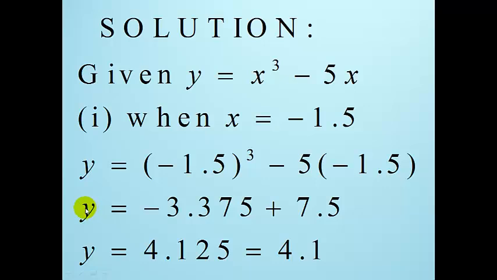Minus 1.5 cubed equals minus 3.375. Minus 5 times minus 1.5 is plus 7.5. So minus 3.375 plus 7.5 equals 4.125, which is approximately 4.1 to two significant figures.